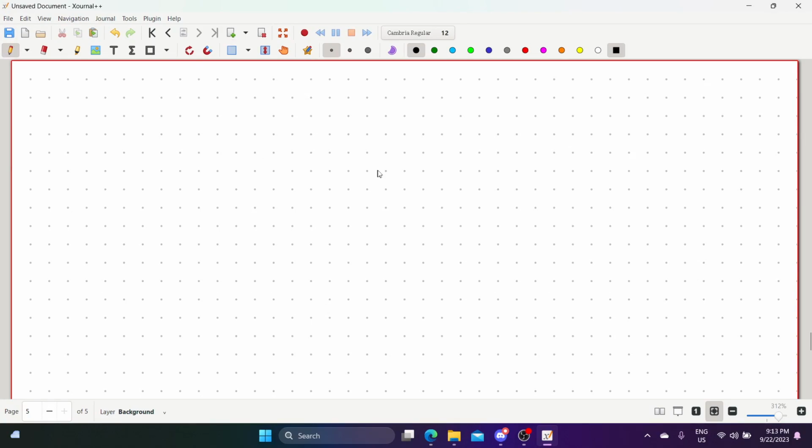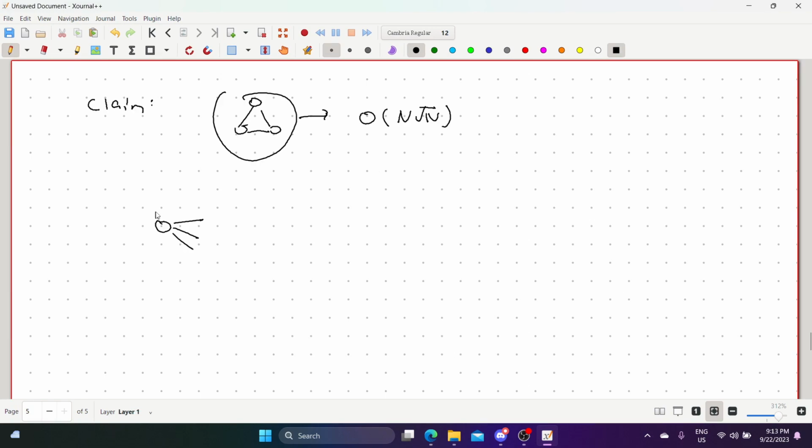So our claim is that this only happens in O(m square root m). The reason behind this is, first we consider if the degree is very small.